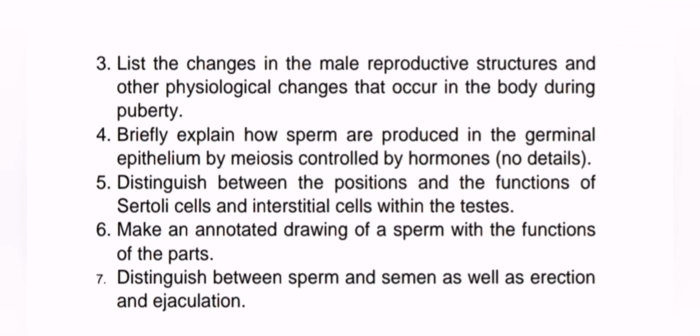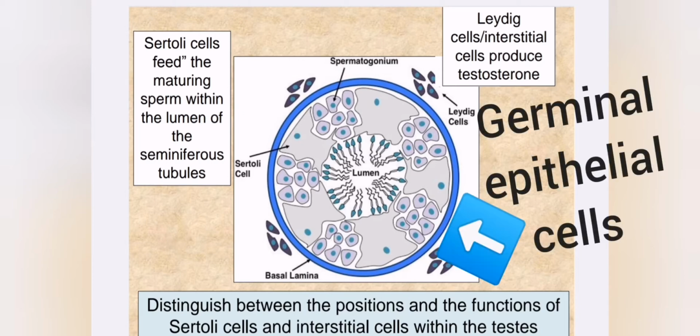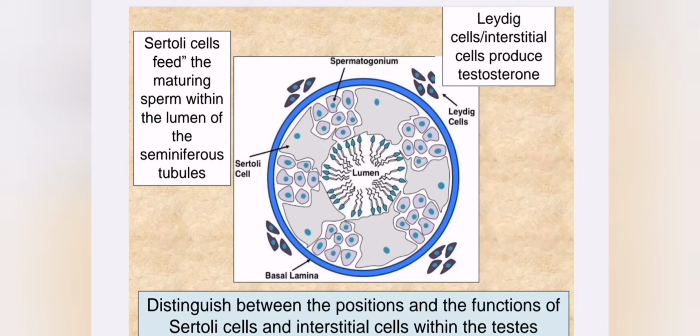Now, when we look at a cross-section of a seminiferous tubule, we also need to be able to distinguish between the positions of the Leydig cells and the Sertoli cells. What the heck are those? So when we look at this diagram again of a Sertoli cell, we can clearly see the germinal epithelium on the outside, and then on the inside of the seminiferous tubules, there are these big, huge cells called Sertoli cells.